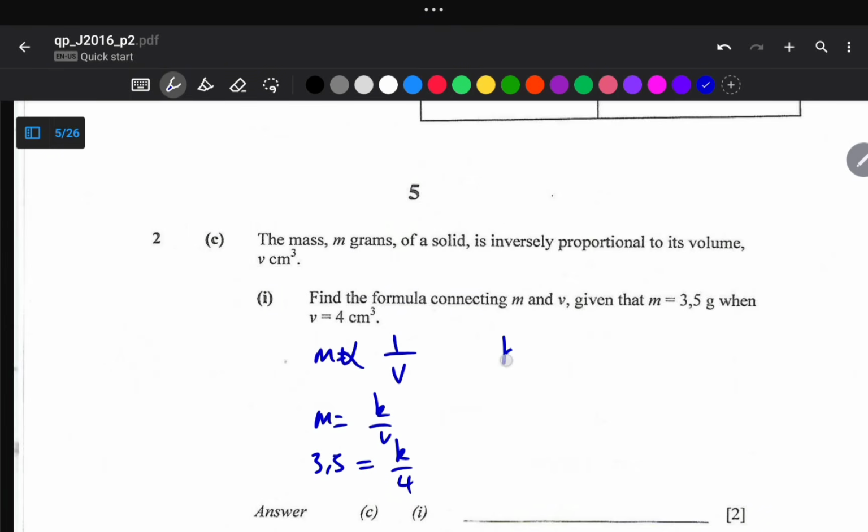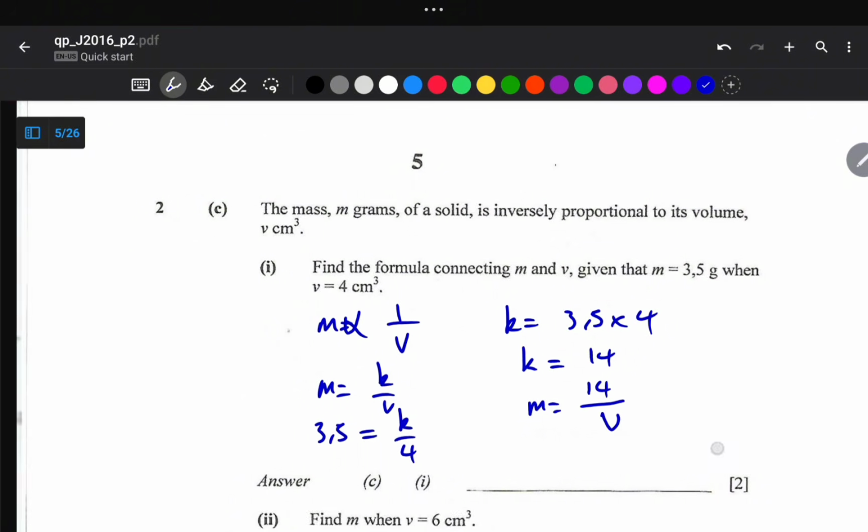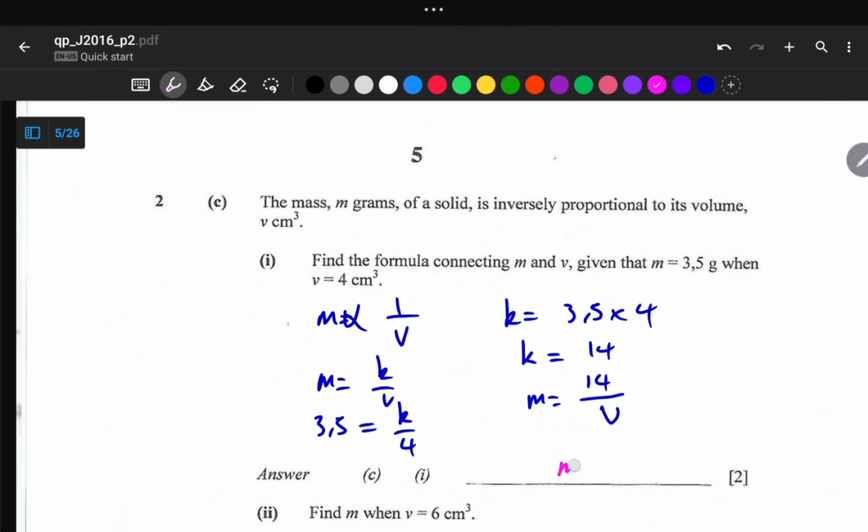So k is equal to 3.5 multiplied by 4, which gives us 14. So the value of k is equal to 14. So the formula connecting m and v is now m being equal to 14 over v. Okay, so this is our final answer. m is equal to 14 over v.